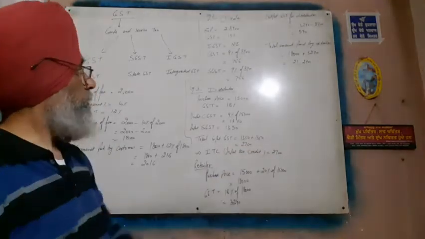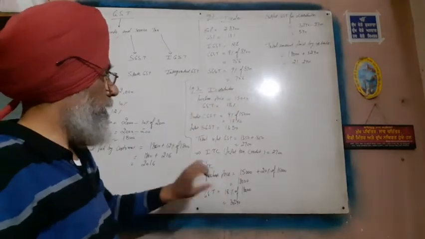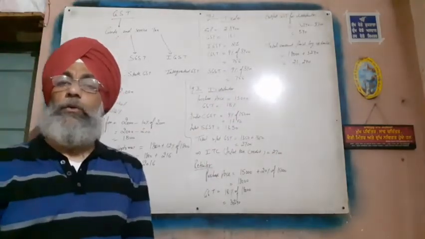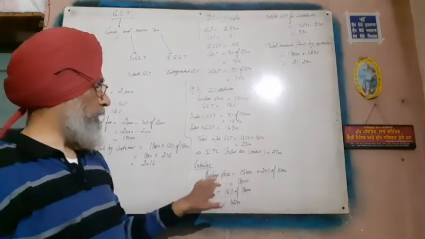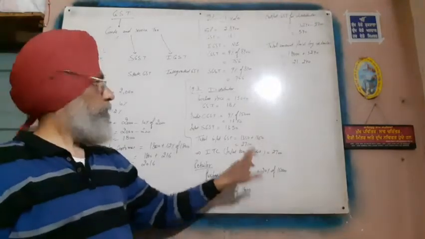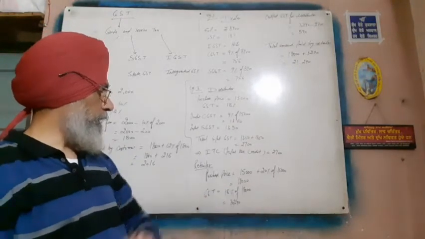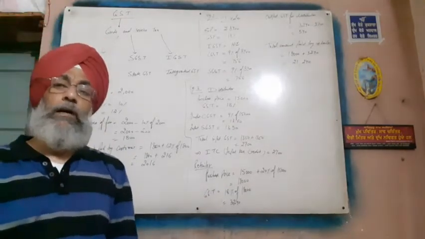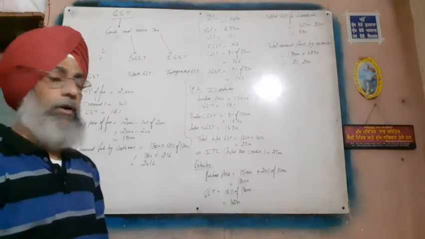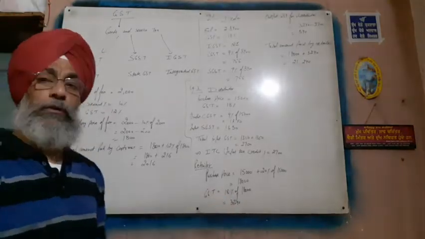Now the distributor sells it to the retailer at a profit of 20%. As the retailer gets it for 15,000 as the purchase price plus 20% profit, it becomes 18,000. The retailer also has to pay GST of 18% over it, that is 3,240.